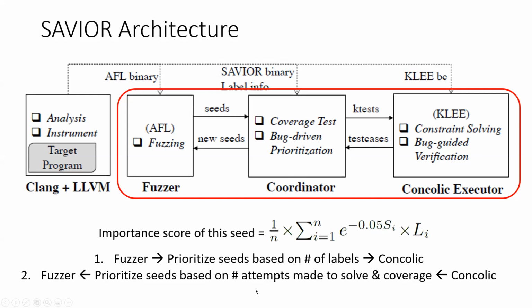And then, at this second step, there will be some input in Si, and then we prioritize this. So then we pass the seeds back to the fuzzer, and then the fuzzer can explore the unexplored code regions.